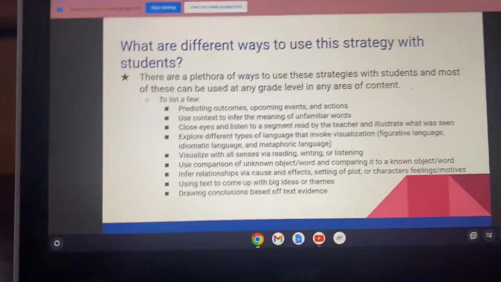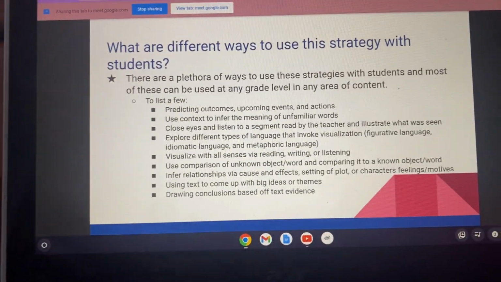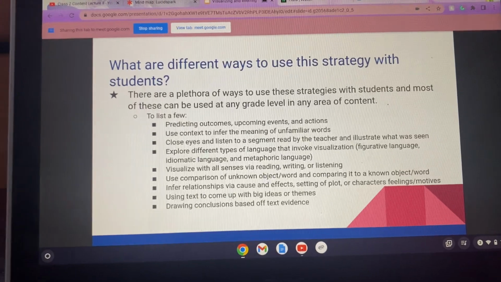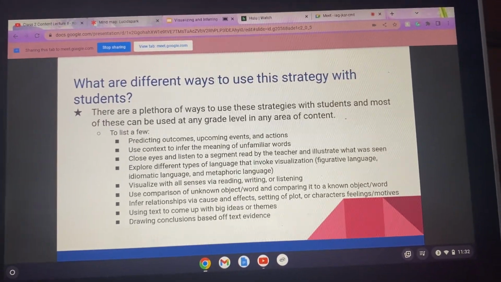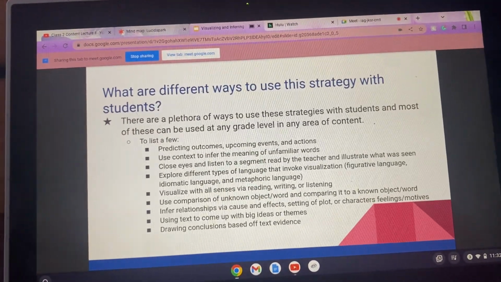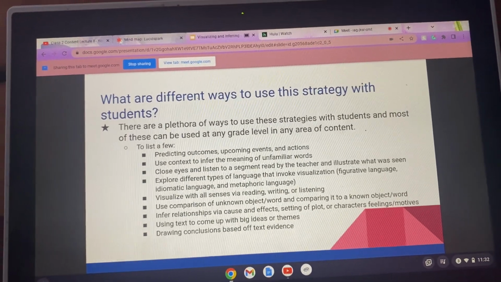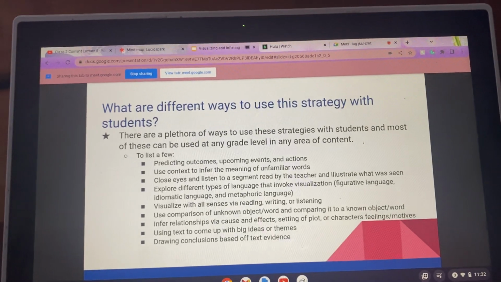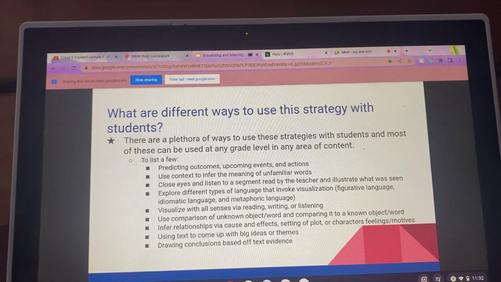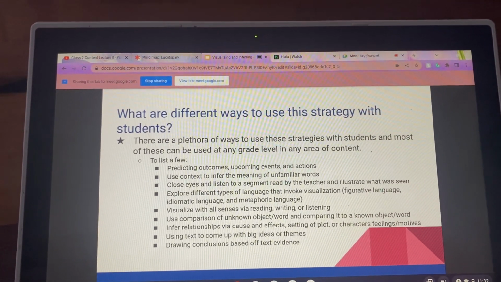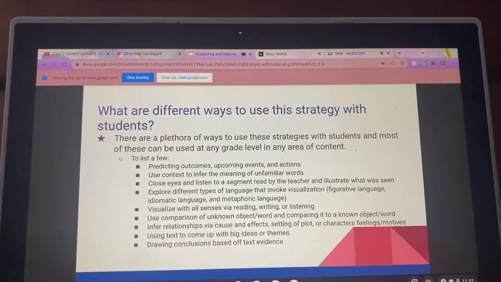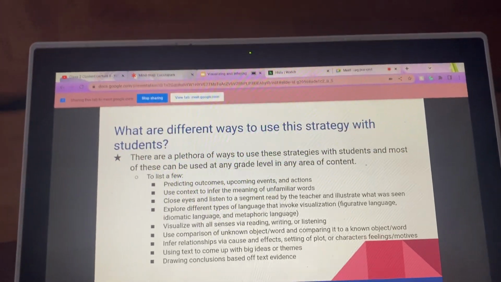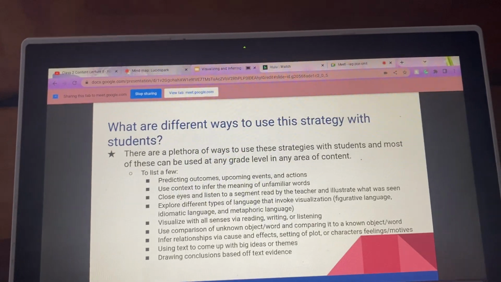So just to list a few, a lot of these are found underneath that inferring umbrella I just showed, but just to list a few, predicting outcomes, upcoming events, and actions is a great way to utilize some tools of inferring and visualizing. You can use context clues to infer the meaning of unfamiliar words, which is a big one that I'll touch on in the scientific field in a bit.